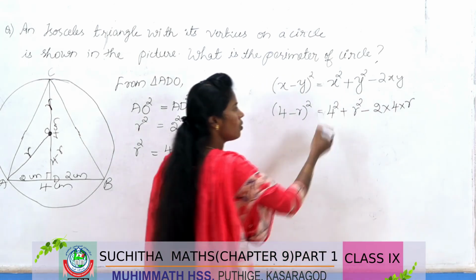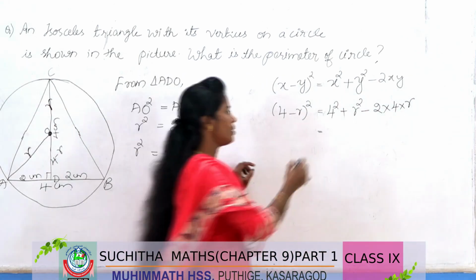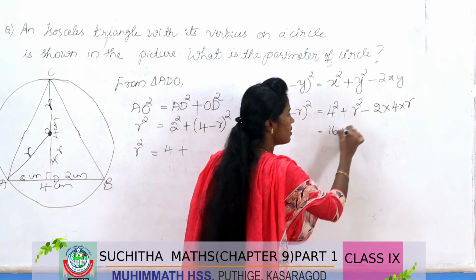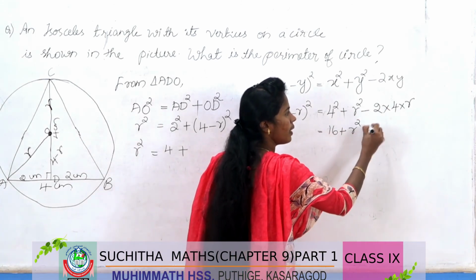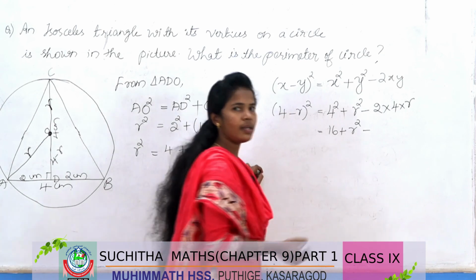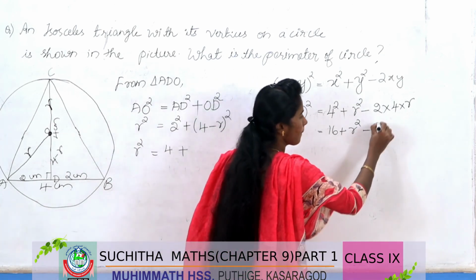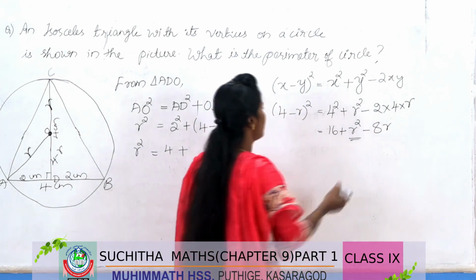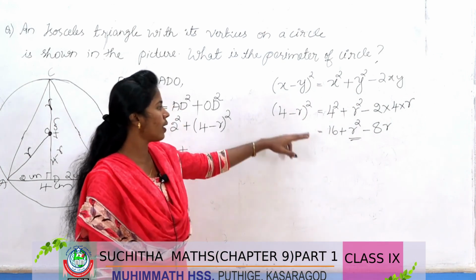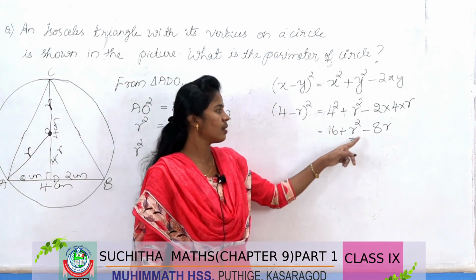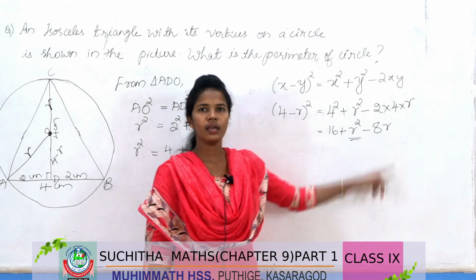Equal to 4 square is 4 into 4, 16, plus r square minus 2 into 4, 8 into r, 8r. So 4 minus r whole square is 16 plus r square minus 8r.